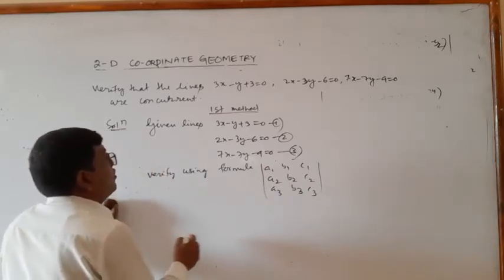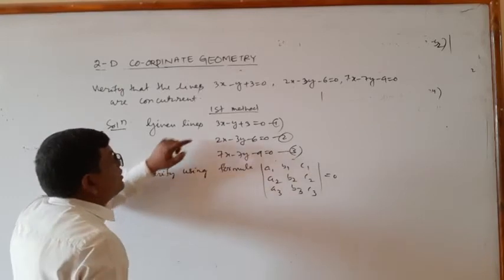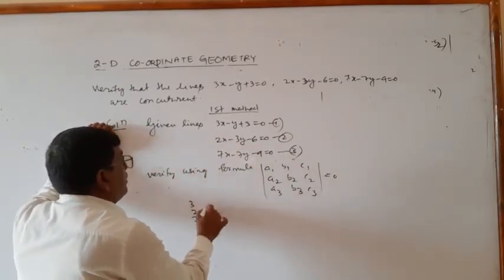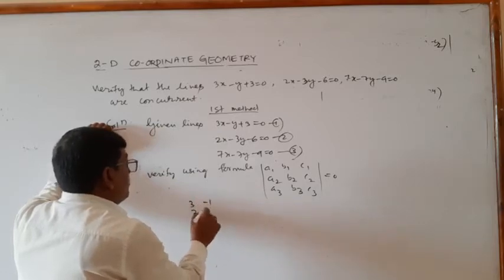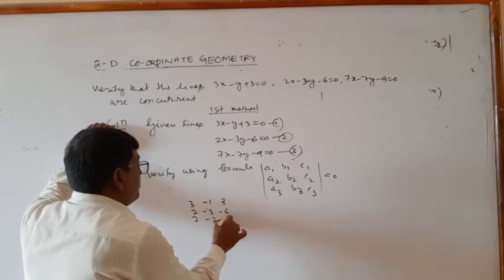This should be 0. Now 3, 2, 7, minus 1, minus 3, minus 7, 3, minus 6, minus 9.